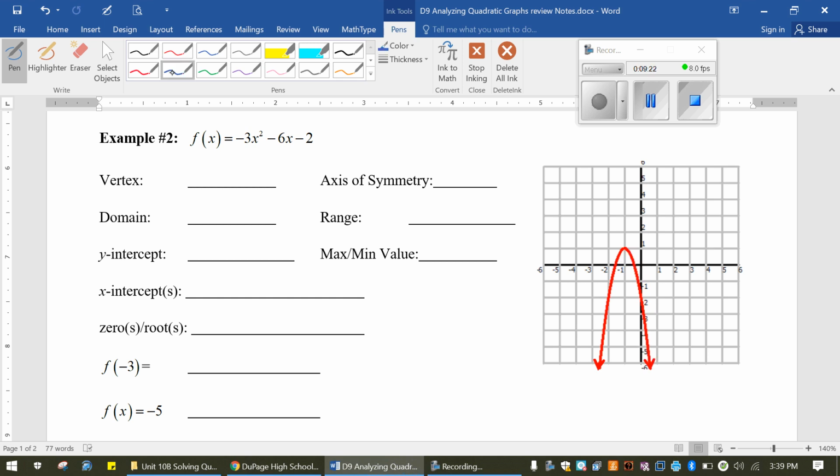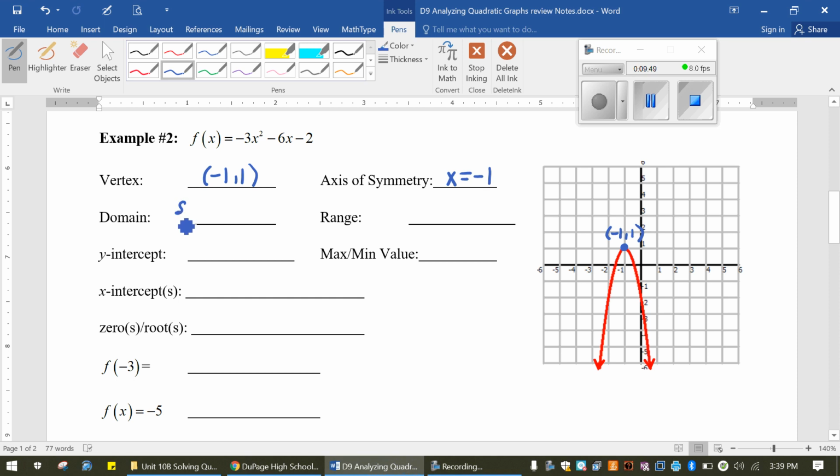So that's going to affect the min-max in this range. So let's look at your vertex, which is going to be negative 1, 1. And then the axis of symmetry, that vertical line that cuts your parabola in half, that's x equals negative 1.